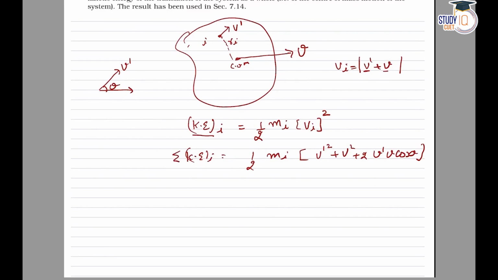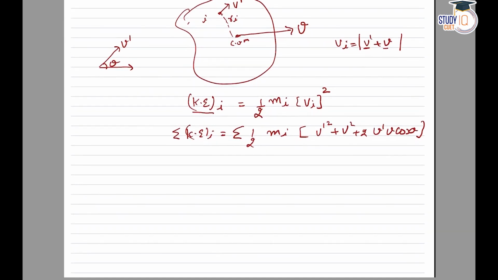So this is the velocity of the ith particle. In order to find the kinetic energy of the system, we are going to add the kinetic energy of each and every particle.